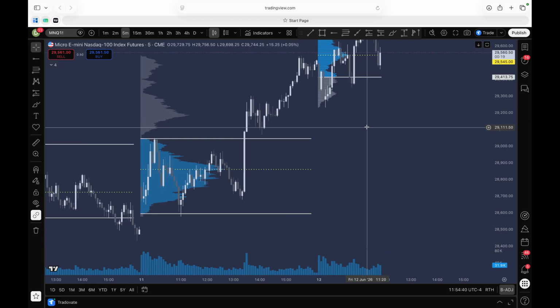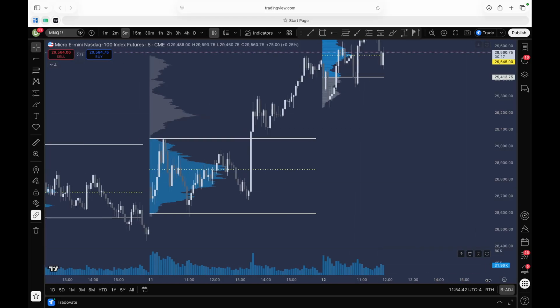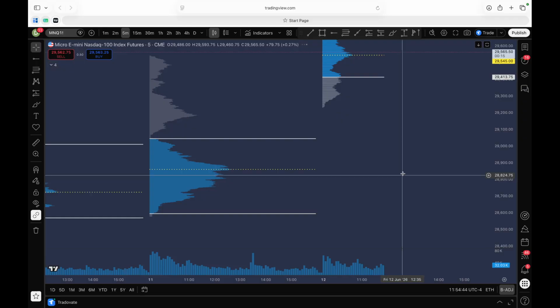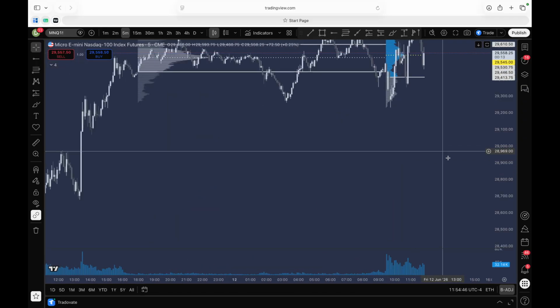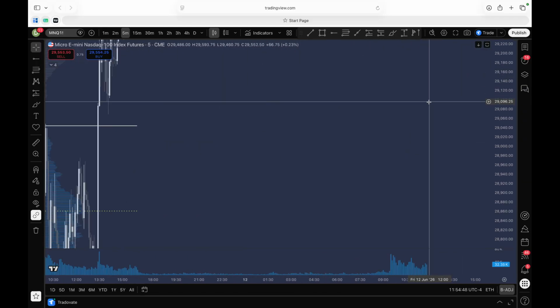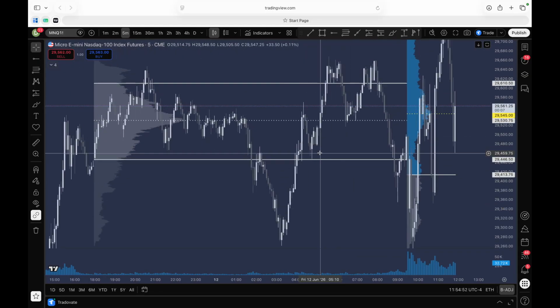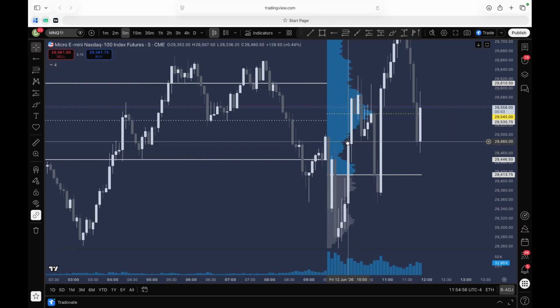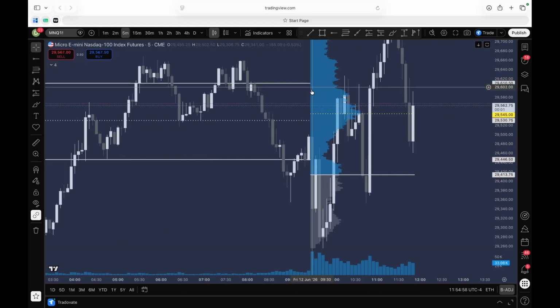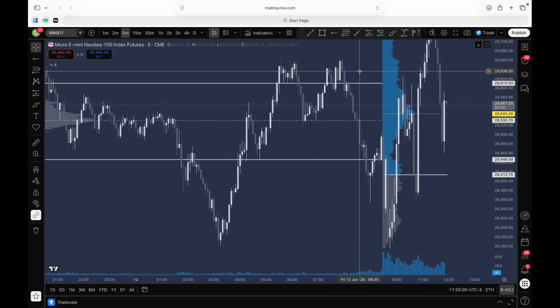So the other thing that people use it for, and what I like to use it for, because it really does work, is just key levels. Especially when it comes to overnight key levels, you can see that the overnight very high, very low is generally respected when you look at the cash sessions.